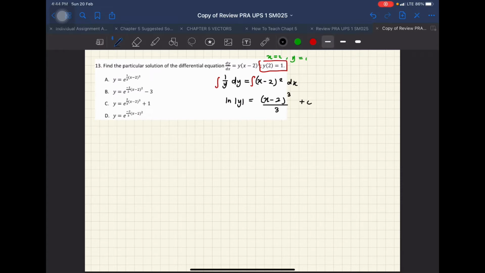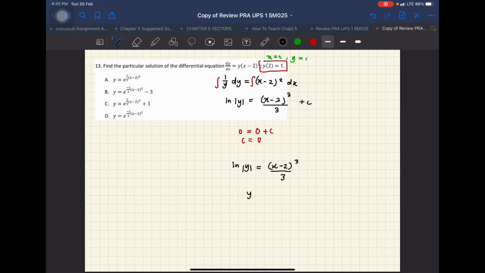Now we know that y is equal to 1. So ln 1 will give you 0. So you will get 0 is equal to, and this one, when you substitute 2, you will get 0. Here you get zero. So you get 0 plus c. So your c is actually equal to 0. So your answer: ln y is equal to (x minus 2) cubed over 3.